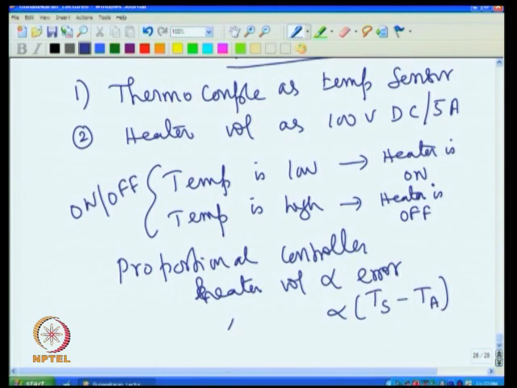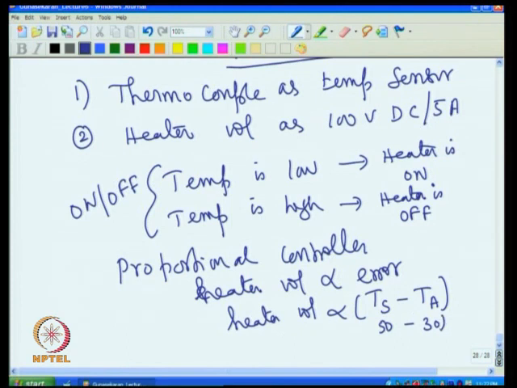So the heater voltage is always proportional to this. That is, if I set, say, 50 degree and the actual temperature is 40 degree, then the difference is 10 degree, and corresponding to that a heater voltage will be there. Suppose if this is 50 and this is 30 degree, then the difference is more, so the heater voltage will be more. If the error is more, the heater voltage will be more. If the error is 0, the heater voltage obviously will be 0.